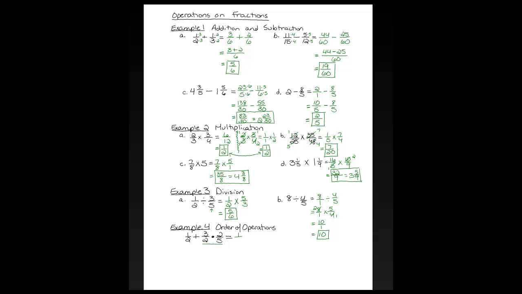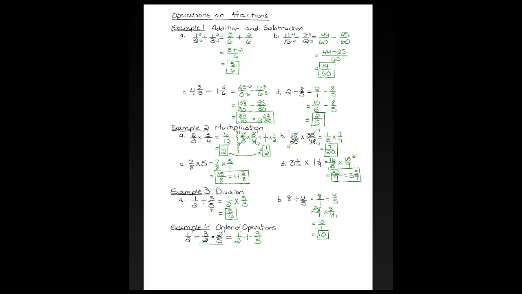So I'm just going to copy down the 1/2 plus, and you want to multiply 3/2 times 2/5. Now when doing this, see if you can simplify anything first. The 2's can cancel. So now we have 3 times 1 is 3, divided by 1 times 5 is 5.